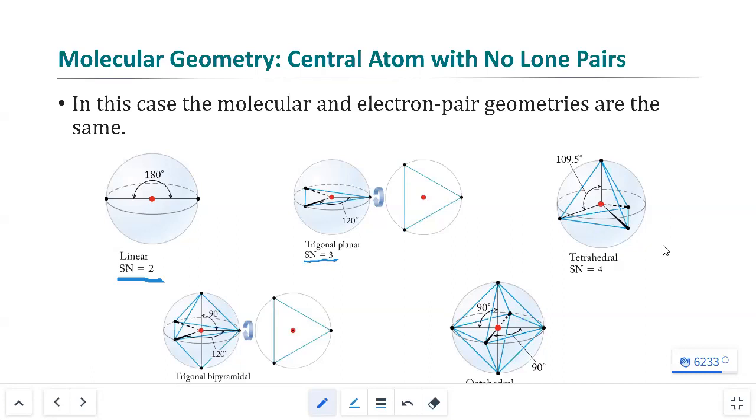So instead of triangular, we're going to use the word trigonal. Trigonal means the same thing, 3-sided. But we're going to throw on that word planar there because the planar is going to be our added descriptor. This is still a 2-dimensional shape. That's why it's called planar.